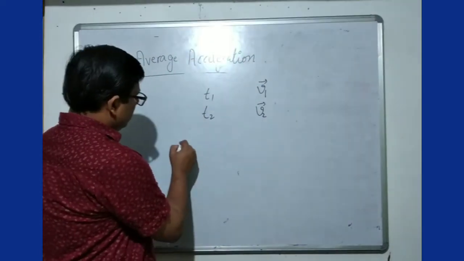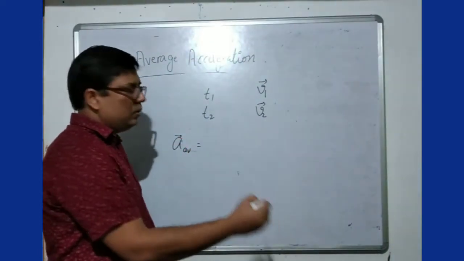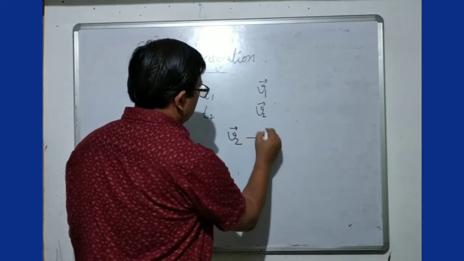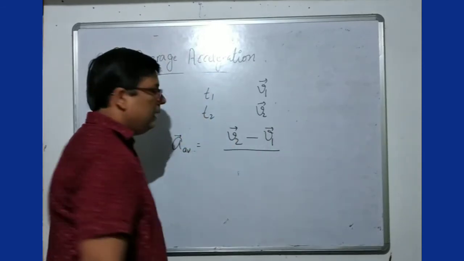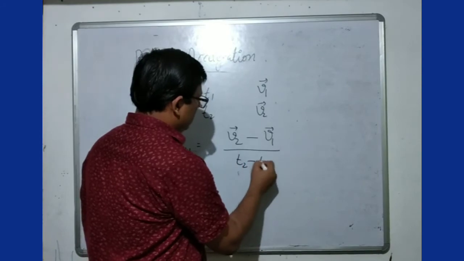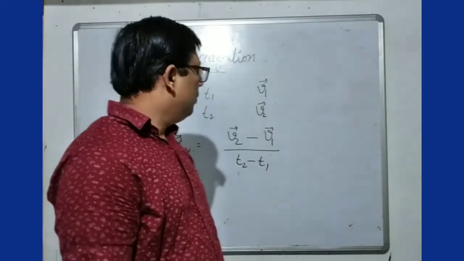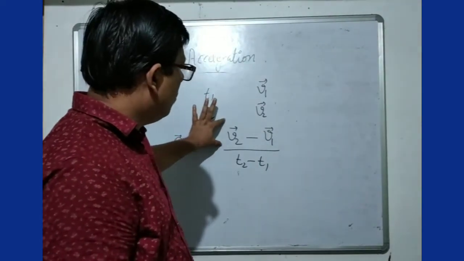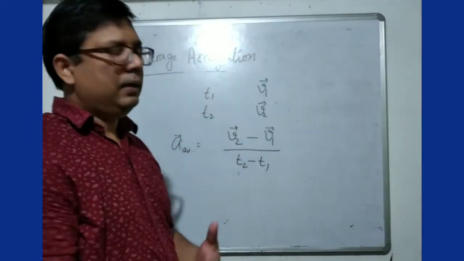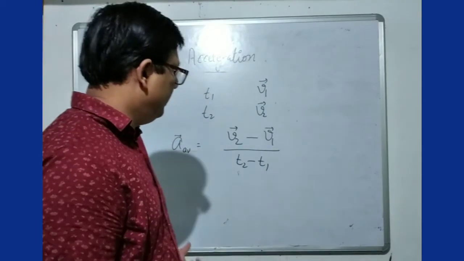So average acceleration is defined as change in velocity, that means final velocity minus initial velocity by time interval t2 minus t1. So for calculating average acceleration, we have to know the final velocity and the initial velocity, and divide the difference by the time interval.